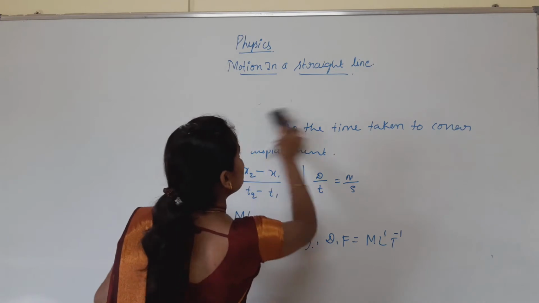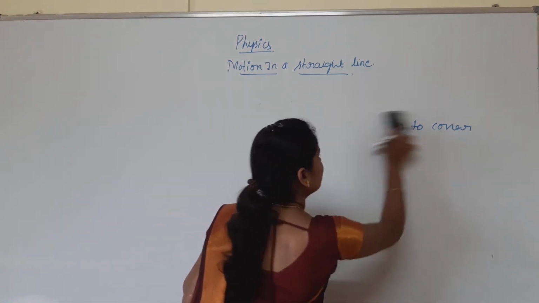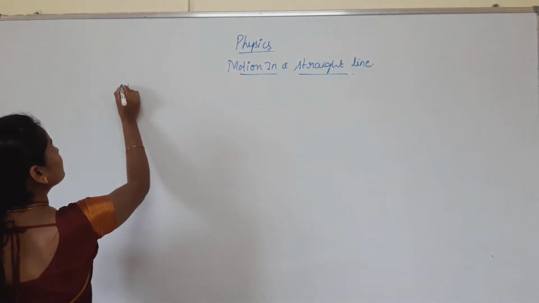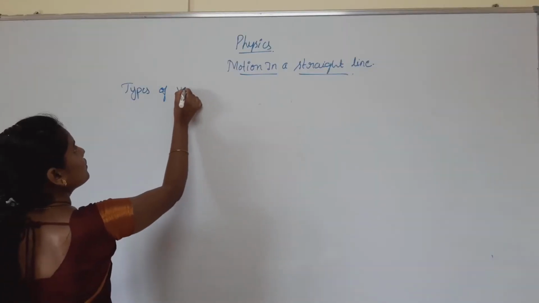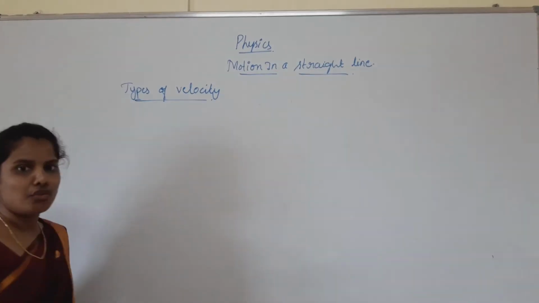Types of velocity. Here there are 4 types.